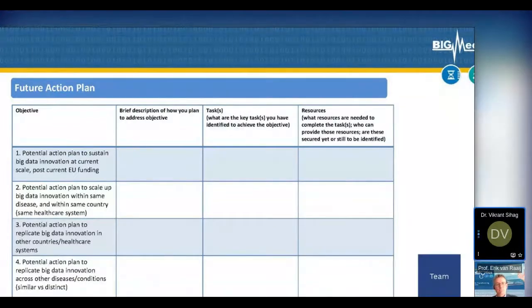So what we observed was that some of the pilots by default could be covering all the four objectives, whereas for some other pilots we saw that they had to start building up from objective 1 and then moving towards 2, 3, 4. So this was the work that we did within the BigMedilytics project.